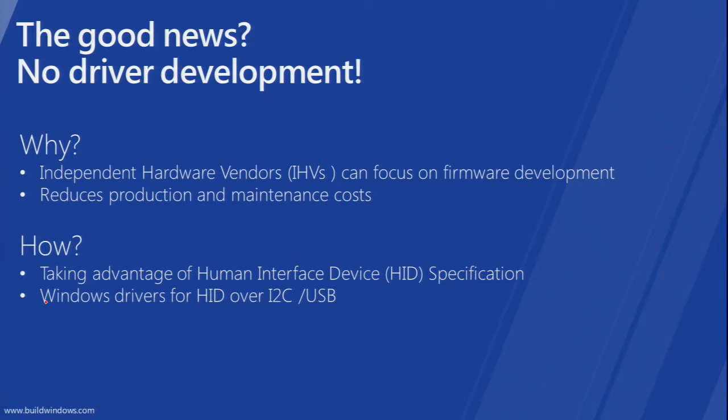So, like I said earlier, HID is actually a USB standard, but what we're doing in Windows 8 is we've extended HID, so we have a protocol that allows it to work over the I2C bus as well. So firmware developers for Windows 8 will have an option to use either USB devices or I2C devices.